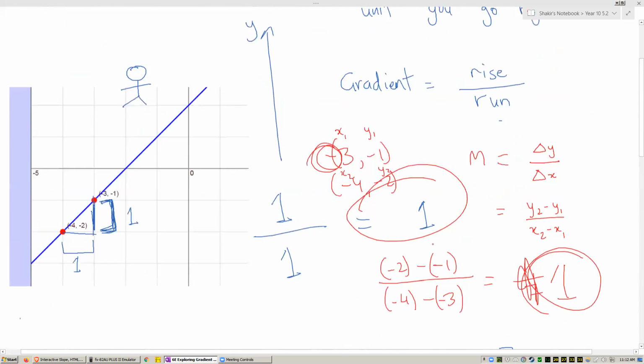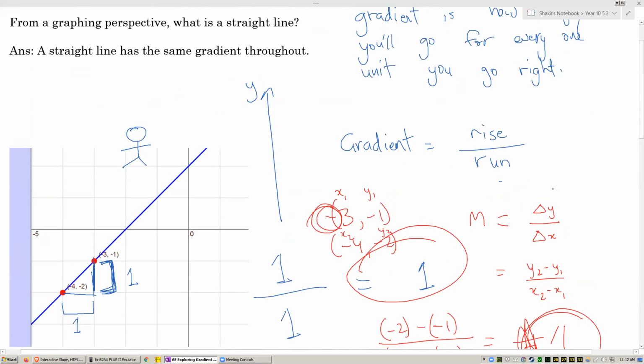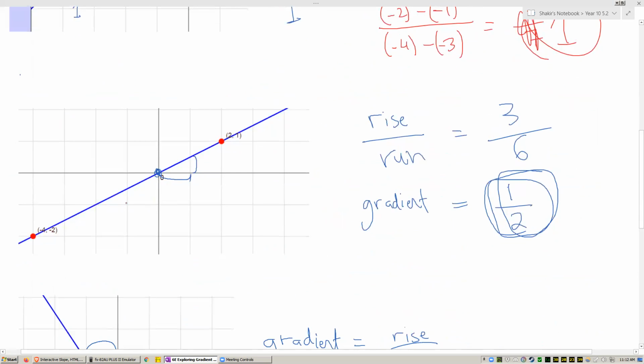Moving on. Now, if you're going to use the algebraic method, I would strongly prefer this. It makes it a lot easier to think about. So let me demonstrate. Now that's -4, -2, and you have 2, 1. What is the change in y? Let's say we're going from here to there.